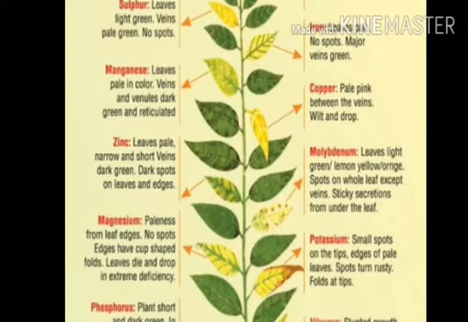Here in this chart, you can see the various nutrient names: calcium, iron, copper, molybdenum, potassium, nitrogen, manganese, sulfur, phosphorus, etc. The deficiency of these nutrients results in adverse effects on plants.